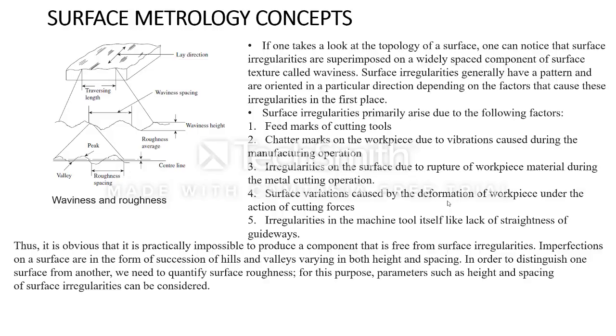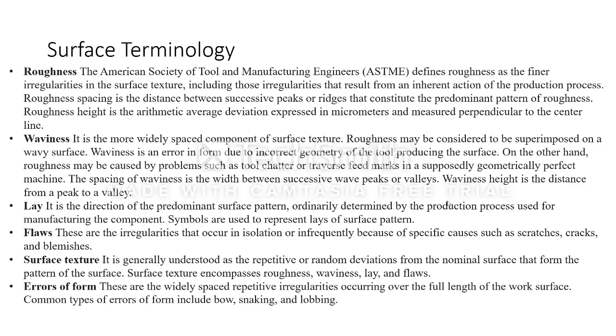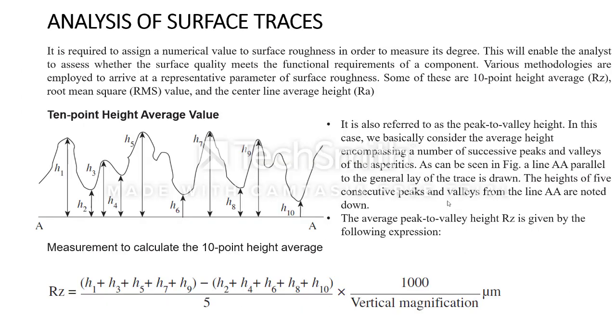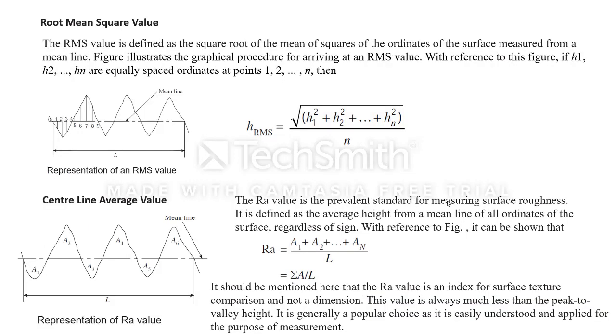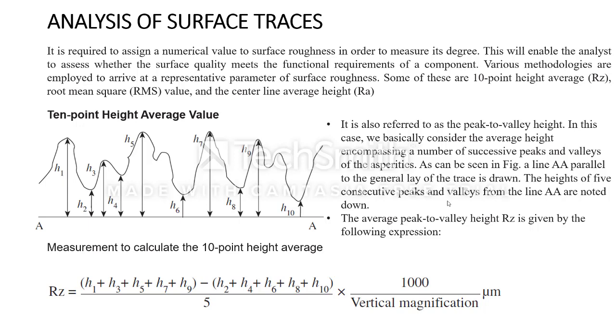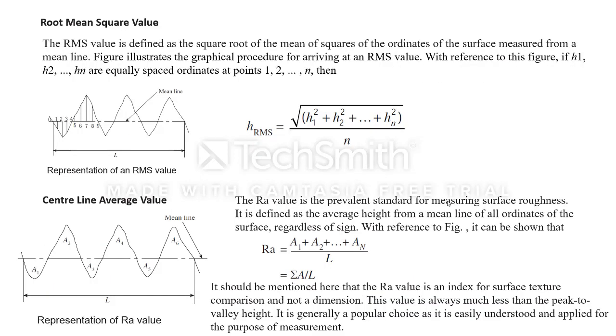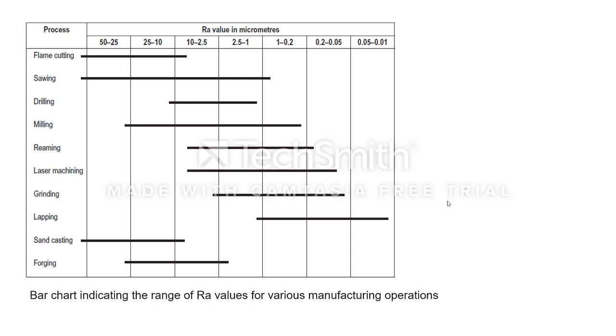We have seen the different terminologies, then analysis of the surface traces, and the three methods: root mean square, central line average, then 10-point height average value. Then we compared different manufacturing processes and how the roughness ranges vary from one value to another.